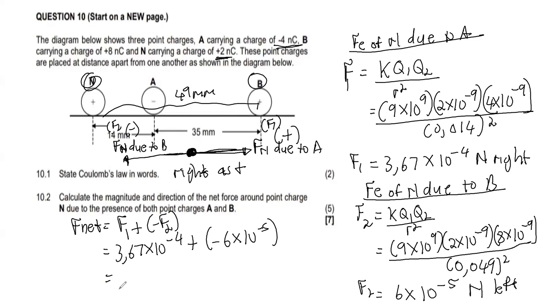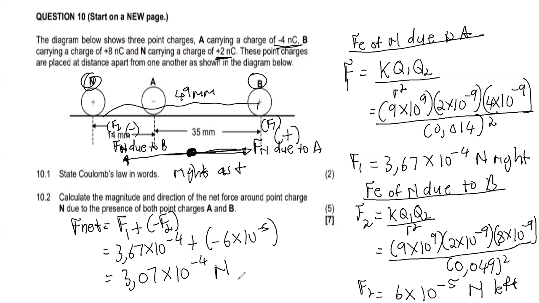We have 3.67 times 10 to the exponent of negative 4, plus negative 6 times 10 to the exponent of negative 5. And then we get our value as 3.07 times 10 to the exponent of negative 4 newtons.